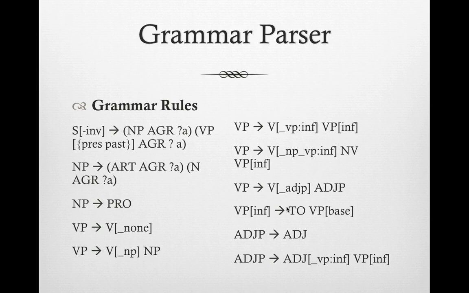We can take the first one as an example. S here means sentence, NP means noun phrase, VP means verb phrase. The first rule means that S consists of NP and VP. And VP here can be in the present or past tense.